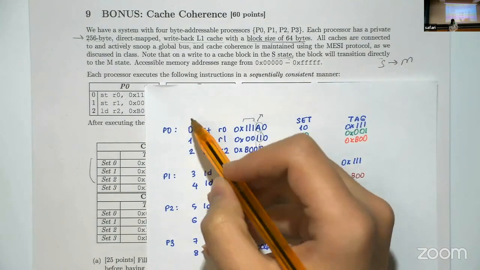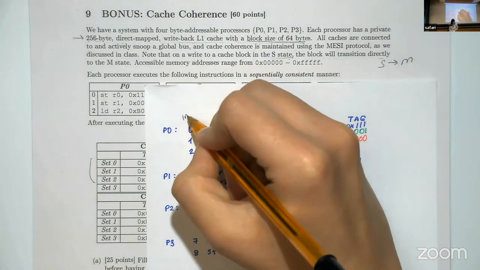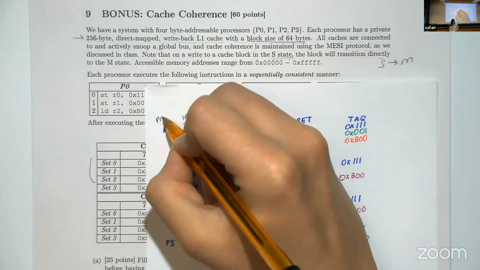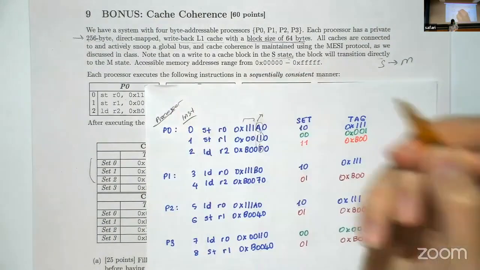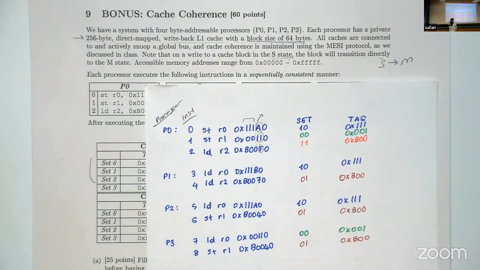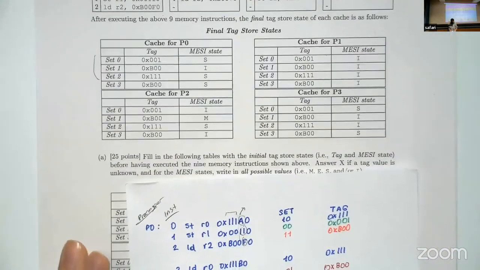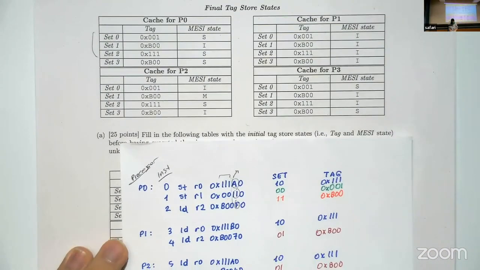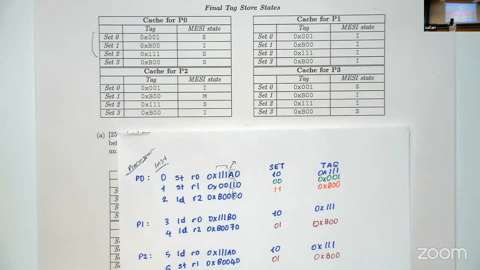We have the instruction numbers here, and these are the processors. These will be executed in some order that will result in this final state. Let's take a look at each set one by one and try to figure out what happened.